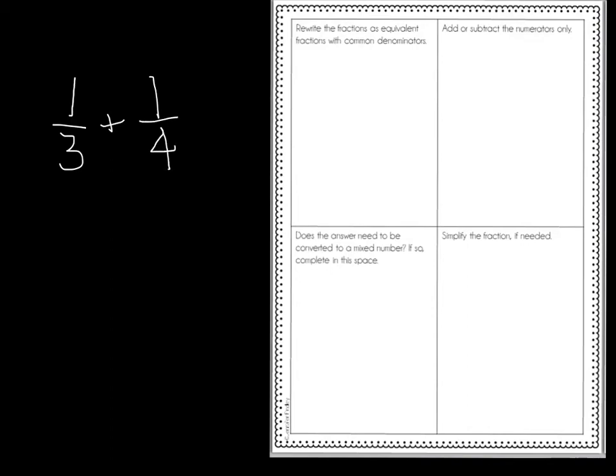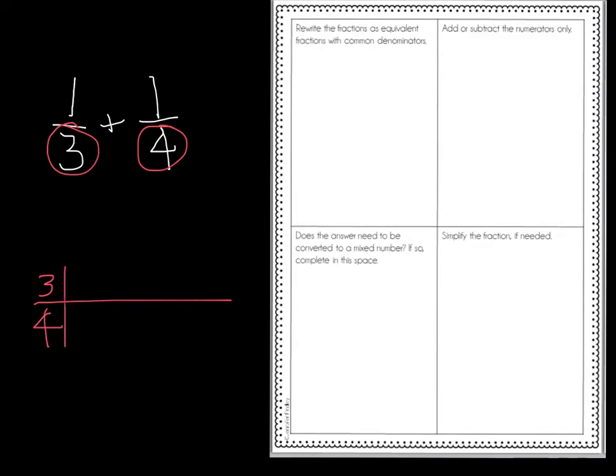Now, our first step is to rewrite the fractions as equivalent fractions with common denominators. In order to find the common denominator, we need to find the least common multiple. The least common multiple of 3 and 4.